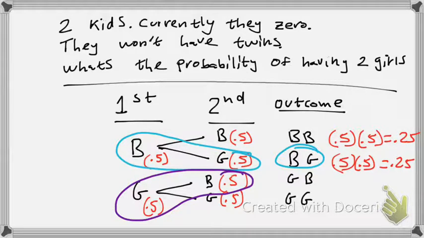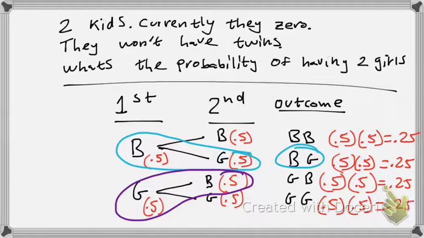So right here, to figure out girl, boy, we're doing 0.5 times 0.5 also, right? So this one's a pretty simple one because it's the same for all of them, because you're always going to be multiplying 0.5 times 0.5, and that'll get you 0.25 or 25% for each of them.